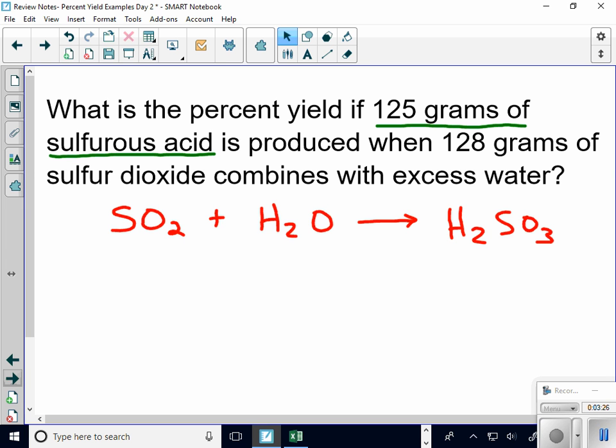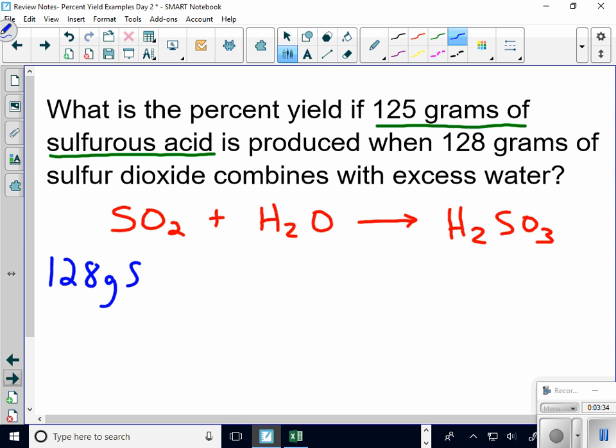I'm going to take my mass of sulfur dioxide, 128 grams of SO2, and I'm going to go mass to mass to sulfurous acid.